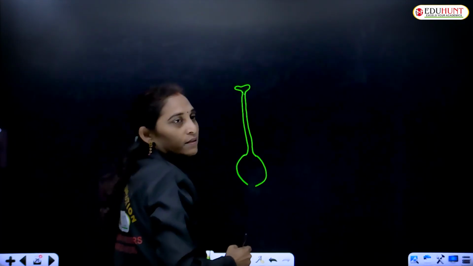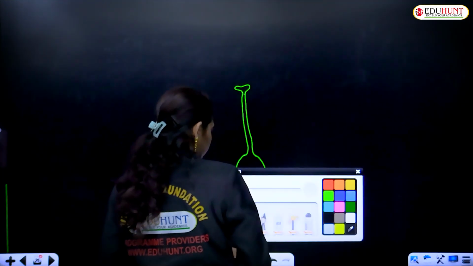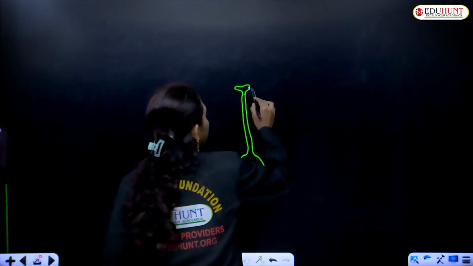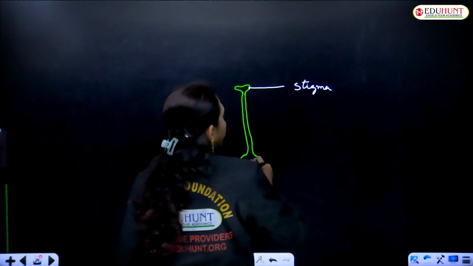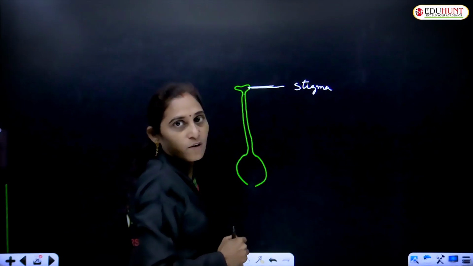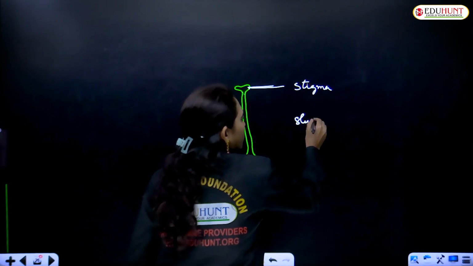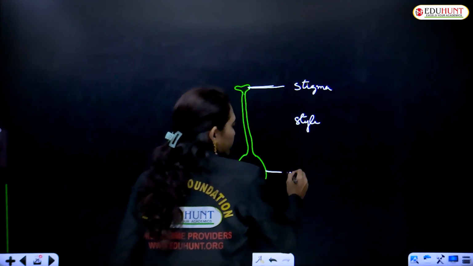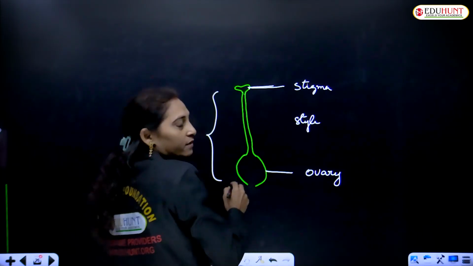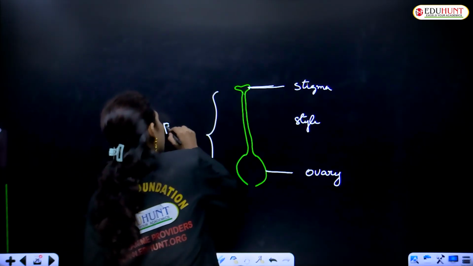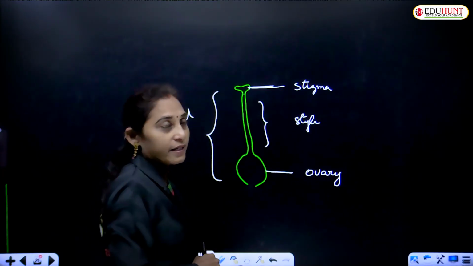The tip is called the stigma. The narrow extension of the ovary is the style. The basal region is the ovary, and the entire structure is called the pistil, or the gynoecium.